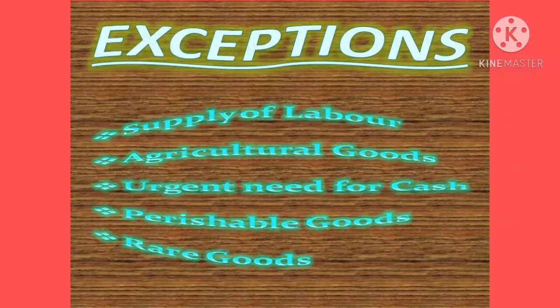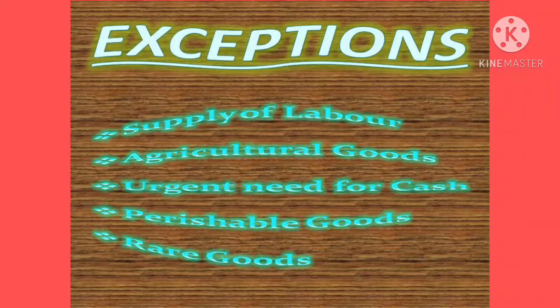An exception to the law would mean higher the price of a commodity, less is the quantity supplied, and lower the price of a commodity, more is the quantity supplied.